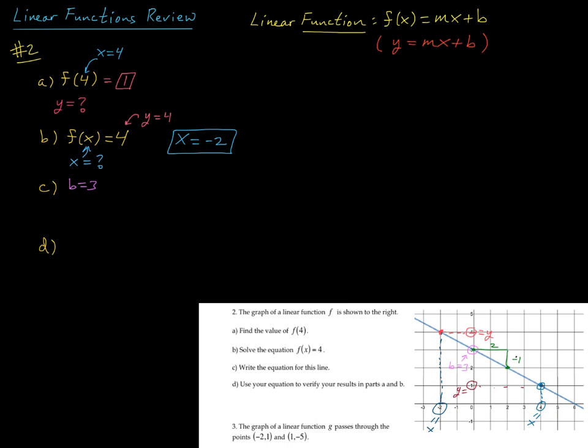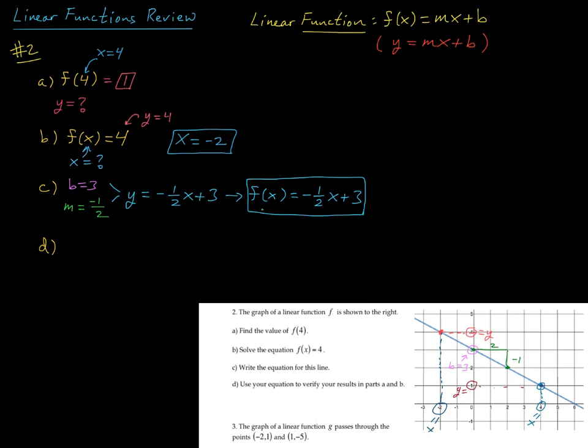So our rise would be negative 1 and our run would be 2. So our slope would be minus a half. And so we can put these together and get the equation y equals minus 1/2 x plus 3. And to write our answer in function notation, we'll write f of x is equal to minus 1/2 x plus 3. All right, so that is the equation of our function.